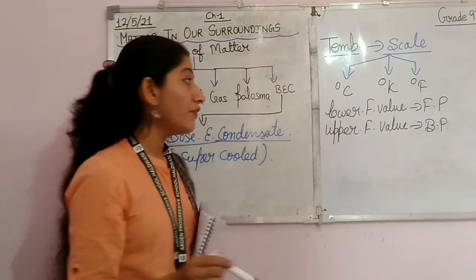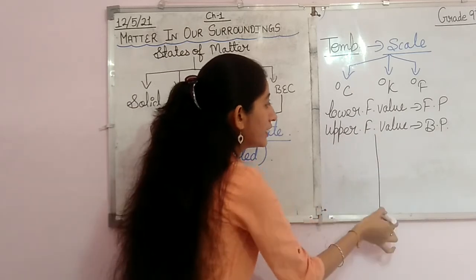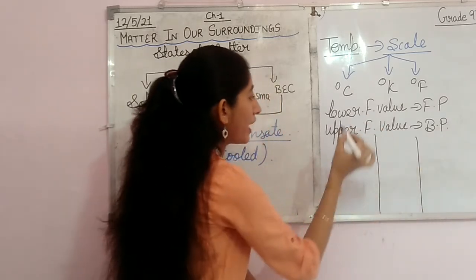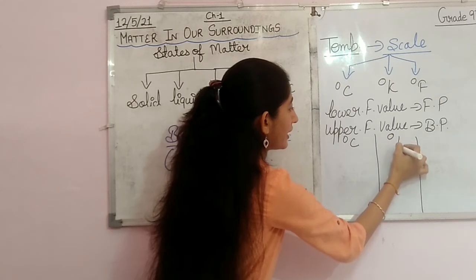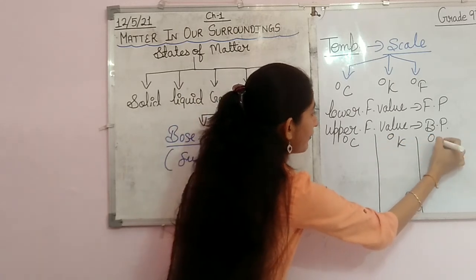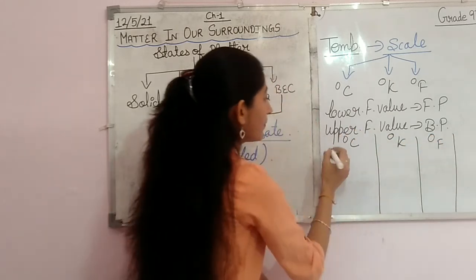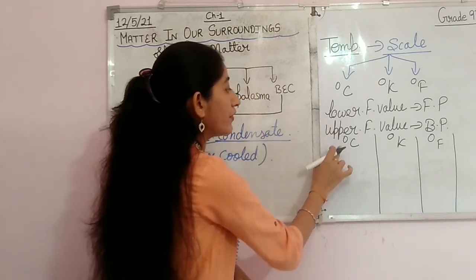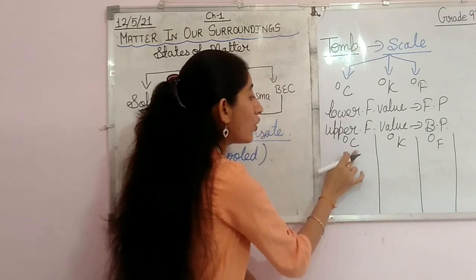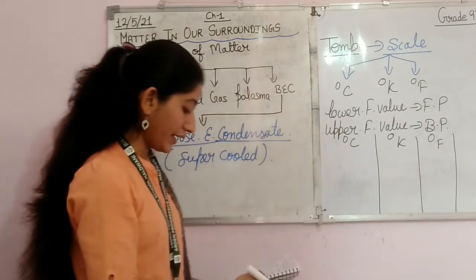Now let's talk about the lower fixed value and upper fixed value of degree Celsius, degree Kelvin and degree Fahrenheit. Which value will we take as lower and upper in degree Celsius?